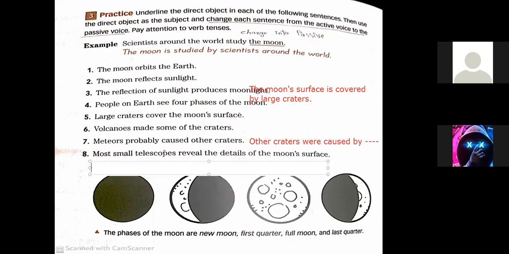Most small telescopes reveal the details of the moon's surface. The details of the moon's surface. Is this singular or plural? Plural. So we can say, the details, is or are?